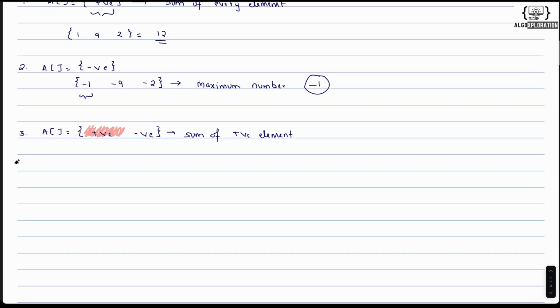Now let's see the fourth case. At the start, let's say we have negative elements, and after some point we have positive elements. So here also we can see that the answer will be the sum of positive elements.